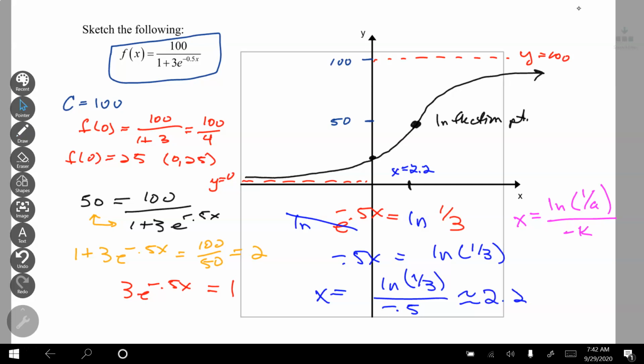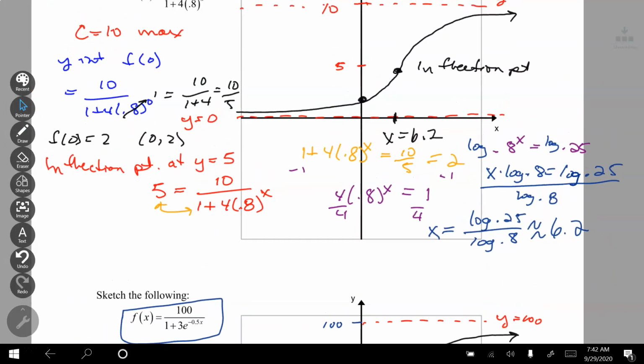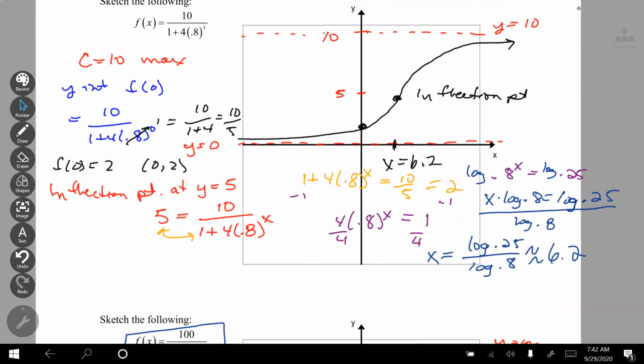And if we go back to this previous one, a very similar thing, this x value was equal to the log of 1 over the a value, but divided by the log of the b value. That's what I got here.